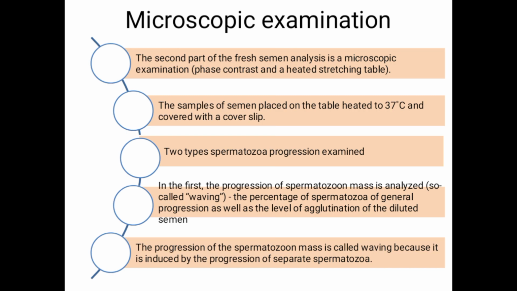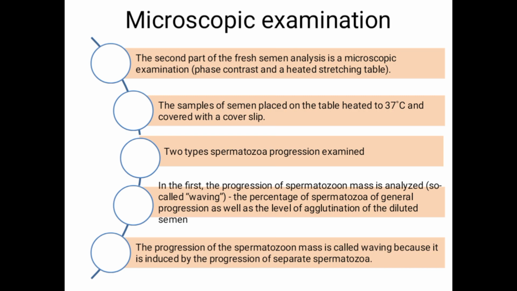Here, if the first process is successful, then the second part of the fresh semen analysis is microscopic examination, in which phase contrast and a heated stretching table are used to evaluate the quality of semen. The samples of the semen are placed on the table heated to 37 degrees centigrade and covered with a cover slip, and two types of spermatozoa progression are examined.